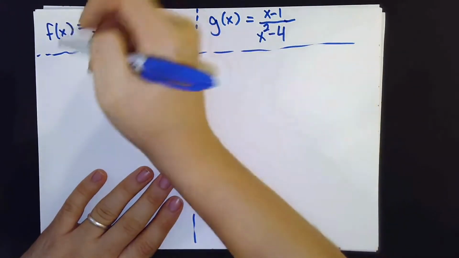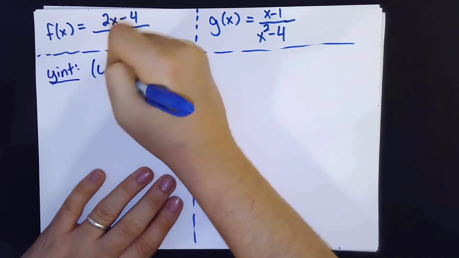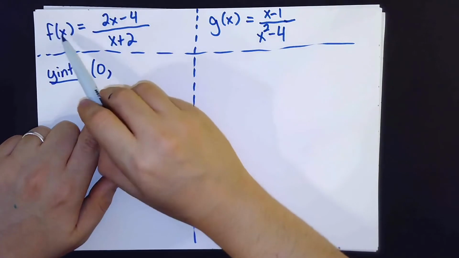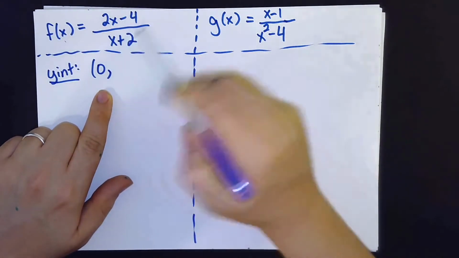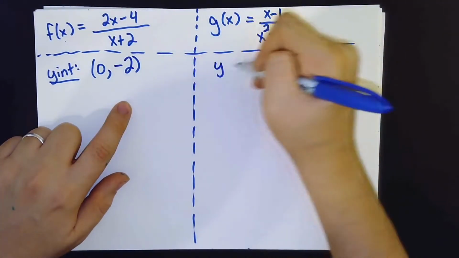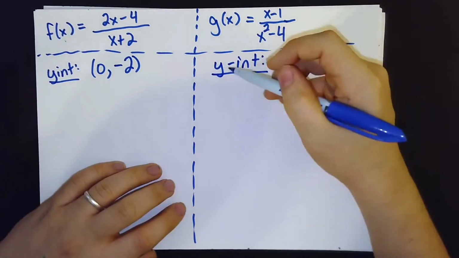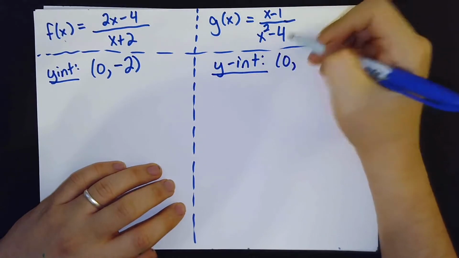Okay, so let's start with the y-intercept, because that one's always the easiest. So it's 0, comma, and then what you get when you plug in 0 for x, because the 0 here is an input. So you would get minus 2. Over here, when I plug in 0, I get plus 1/4.